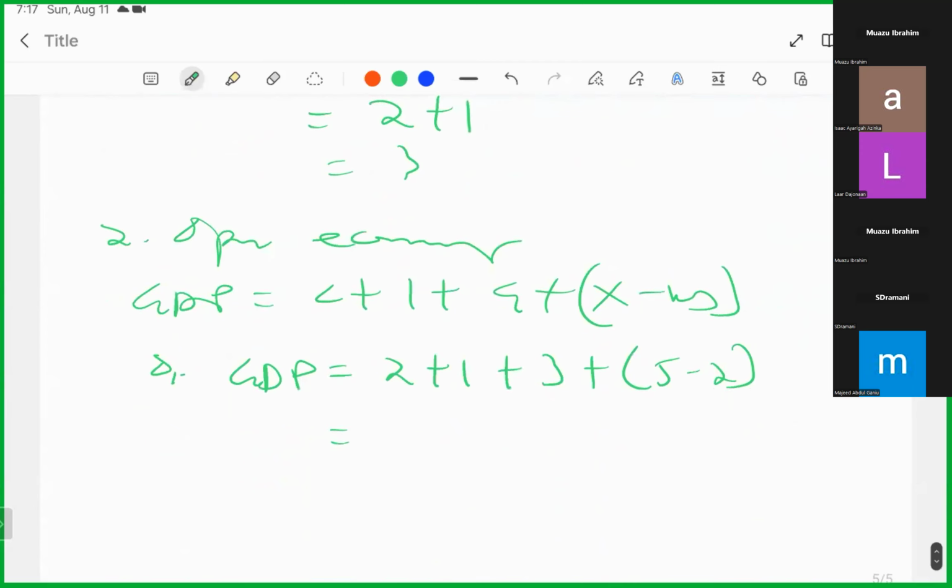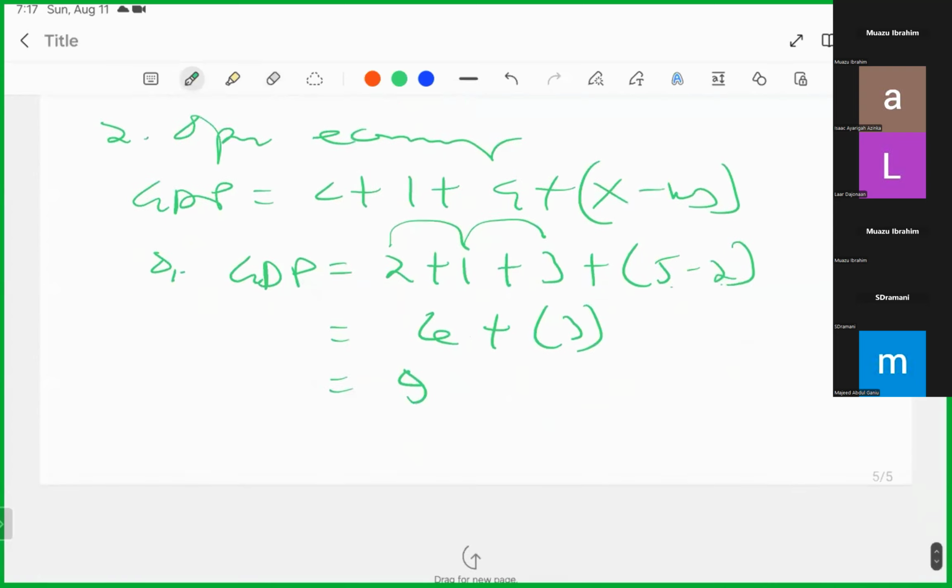So here we will have this plus this, 3, plus this: 6 plus this minus this, we have 3. This will give us 9 as the GDP.